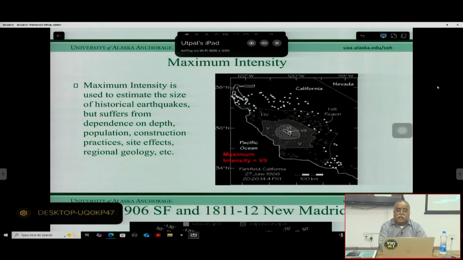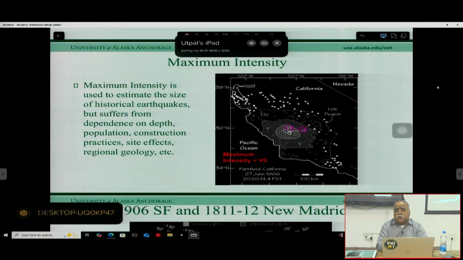Basically, if you use the size, then in the 1906 San Francisco earthquake in the California region, in that area the intensity is almost 7 to 8, but as it moves from the epicenter, the intensity value decreases, and that is obvious because the destruction will be much less.